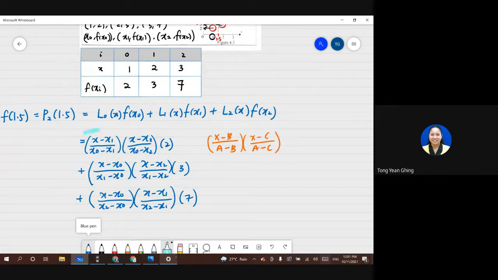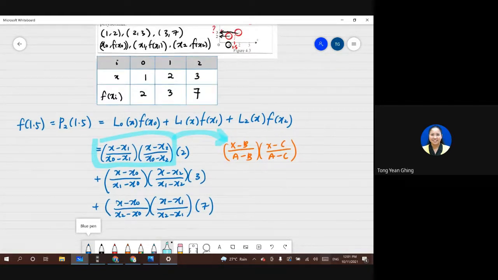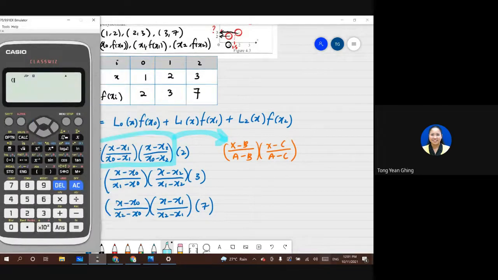So using this one, the first one, compare with this one: (x minus b)/(a minus b), close the multiplication, (x minus c)/(a minus c).